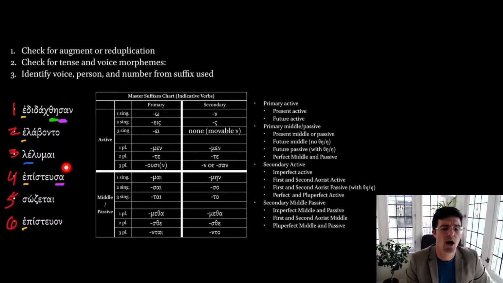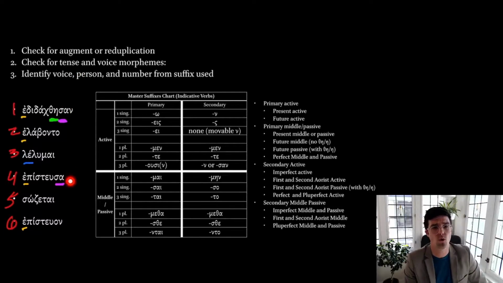Our other tense or voice morpheme is the tense morpheme sa in apistusa. And once again, it's the same morpheme from up here, the first aorist tense morpheme. So we know that this one is going to be aorist, not only because we have the augment, but also because we have the sa morpheme.